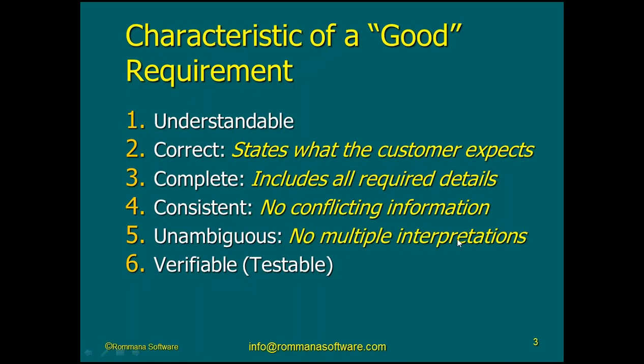Now, above all that, a requirement must be unambiguous, and ambiguity has to do with multiple interpretations. When 5 or 10 people read a requirement, they must have the same interpretation of that requirement.